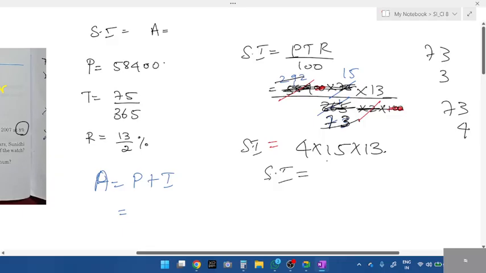What is 4 into 15, Alia? 15 fours are, very good, 780. So what will be the amount value, students? 58,400 plus 780.